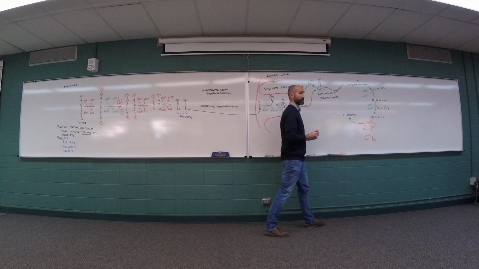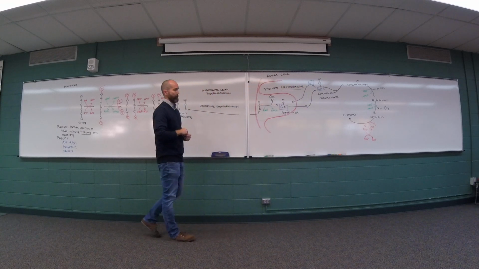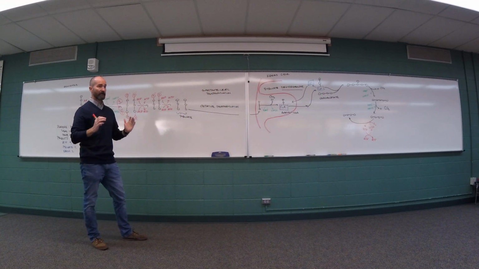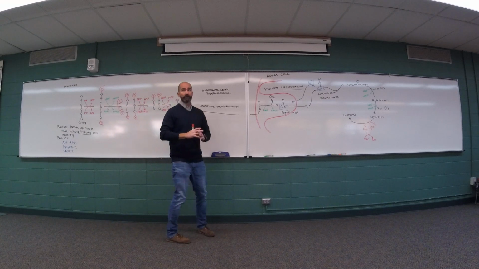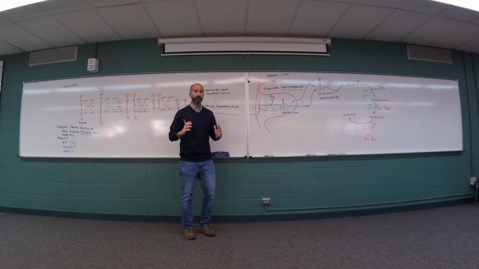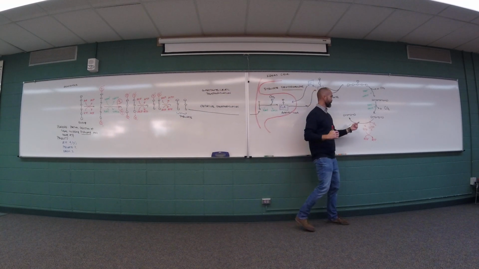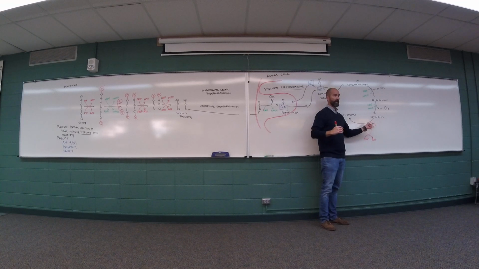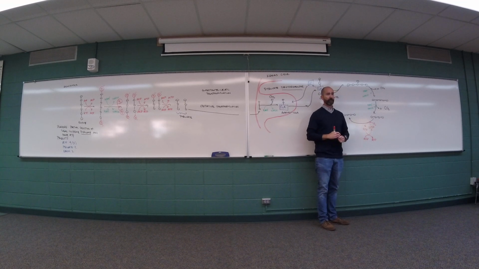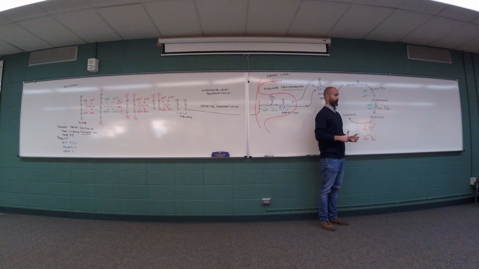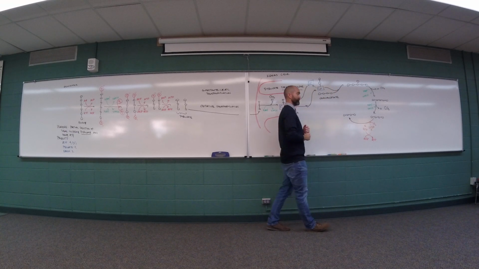I know, it's unfortunate, but that's what happens. So let's simplify this as much as we can. All we do is we make an intermediate that can shuttle that inorganic phosphate onto ATP. ADP cannot do that.